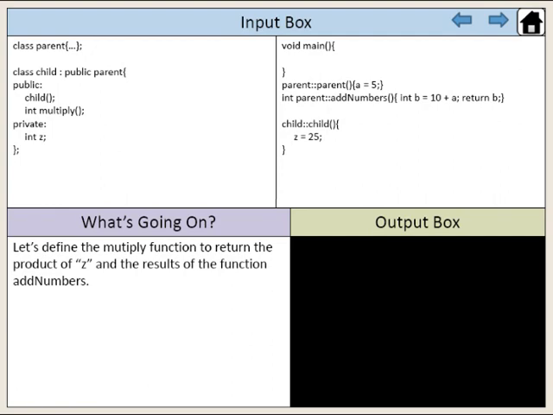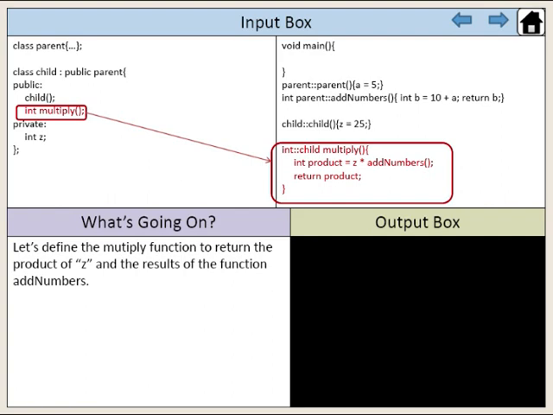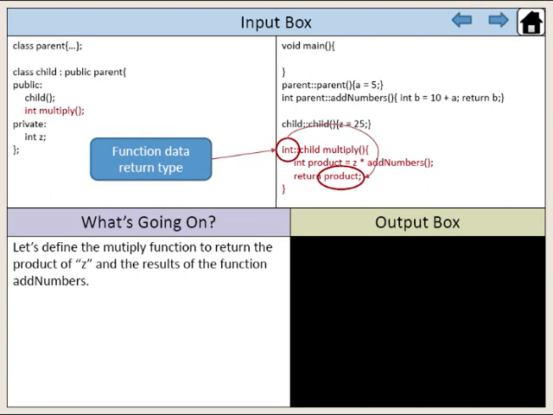Let's define the multiply function to return the product of z and the results of the function addNumbers. First, we have the class function data return type, followed by the class access operator.